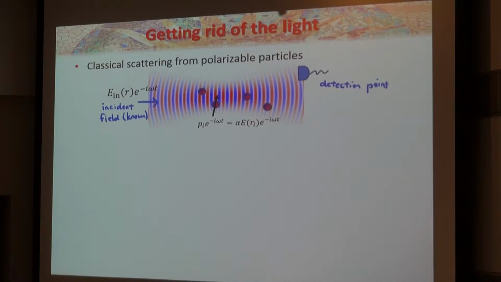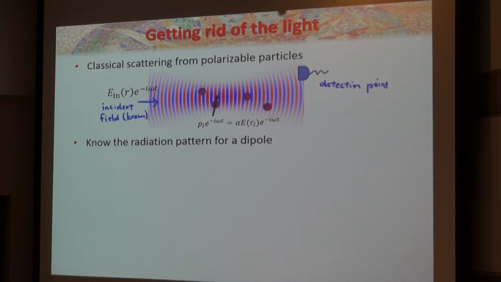To see that you can do that, you can make a classical analogy. Imagine I have some input field, let's say a Gaussian beam, which I assume that I know. And it's going to be interacting with some point dipoles, and I assume that I know the properties of these point dipoles. In particular, I know their polarizability. So once I know the field at that location, I know the induced dipole moment. And then what I essentially want to calculate is the field at any other point in space.